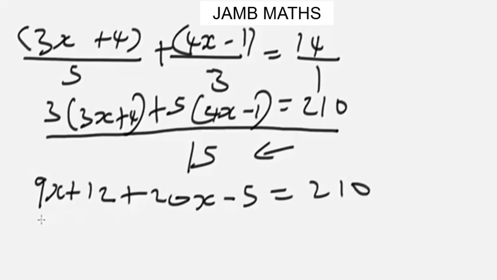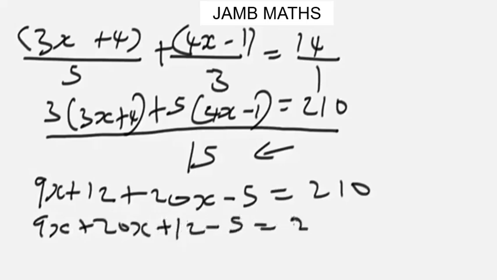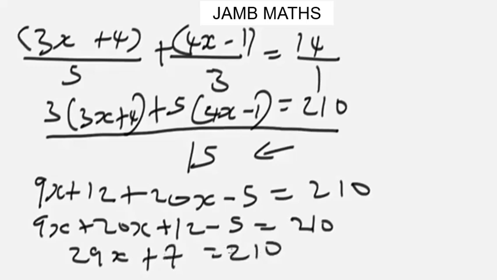Now let's collect like terms. If you collect like terms, we're going to have 9x plus 20x, plus 12 minus 5 equals 210. So 20x plus 9x gives us 29x, plus, now 12 minus 5 gives us 7, equals 210. So let's collect the number term.